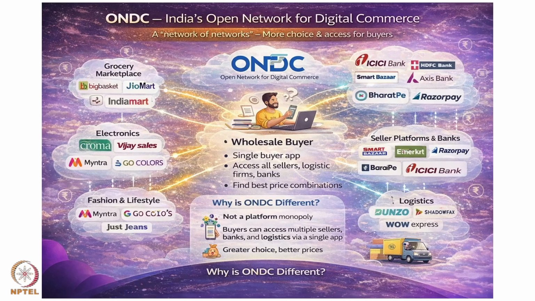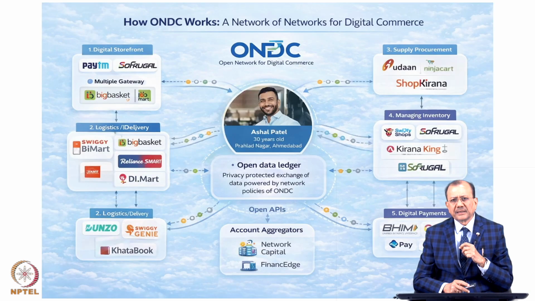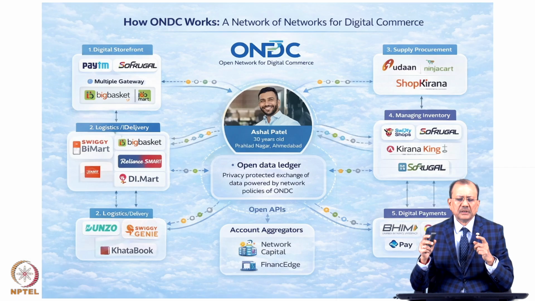A lot of information is available on the ONDC site also, ondc.in. Here I have shown an example of a person who wants to take delivery or buy some food products, and he has options to select various payment gateways. He has the option to select food products from different platforms like Big Basket, Reliance Smart, D-Mart.